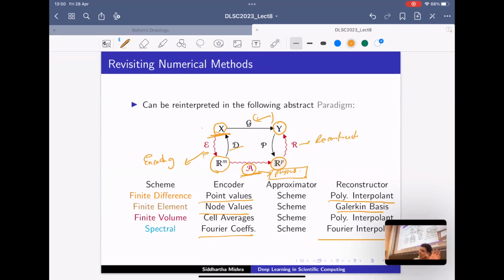By changing these objects, we get a whole variety of methods, which are what are called operator learning methods. This is what I'm going to do from the next lecture onwards. In the next lecture, I'll have a whole slew of these methods, which are essentially based on the formalism that I have introduced here, and how they behave with respect to different grid resolutions and so on. This is a question for the next lecture.